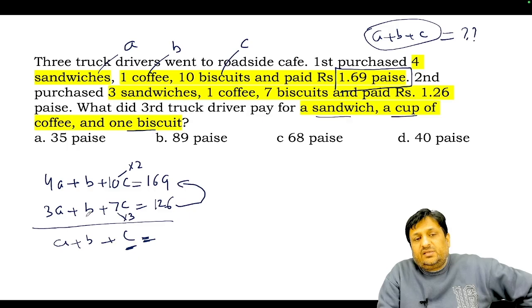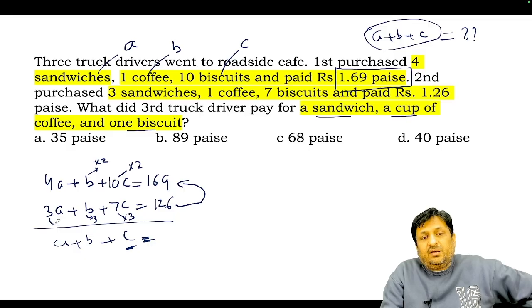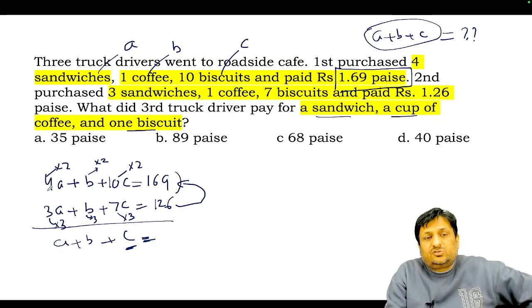Similarly, 3b minus 2b will be 1b, and 9b minus 8b is again 1b. So I am going to multiply the first whole equation by 2, and I solved it through observation.